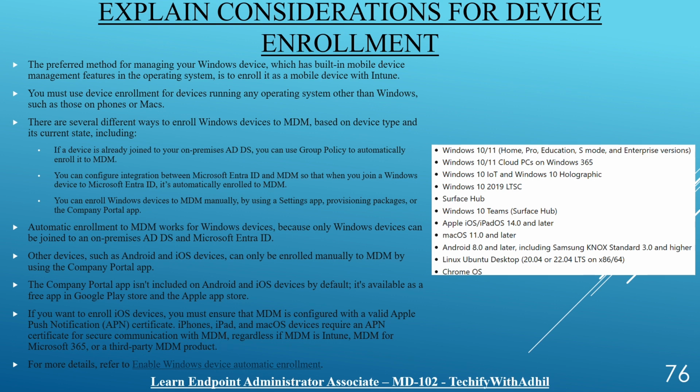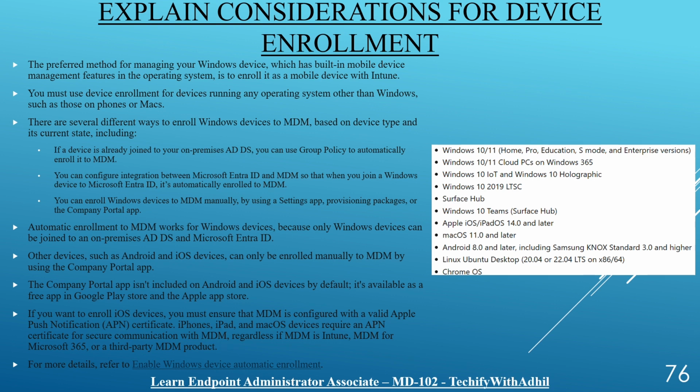There are several different ways to enroll Windows devices to MDM based on the device type and its current state. So it includes: if a device is already joined to your on-premises ADDS, you can use group policy to automatically enroll it to the MDM. If it's a domain joined device, in other words, you can configure integration between Microsoft Entra ID and MDM, so that when you join a Windows device to Microsoft Entra ID, it automatically enrolls to MDM.